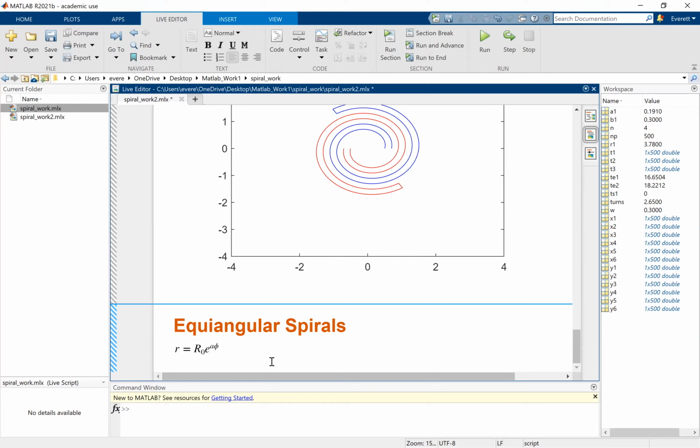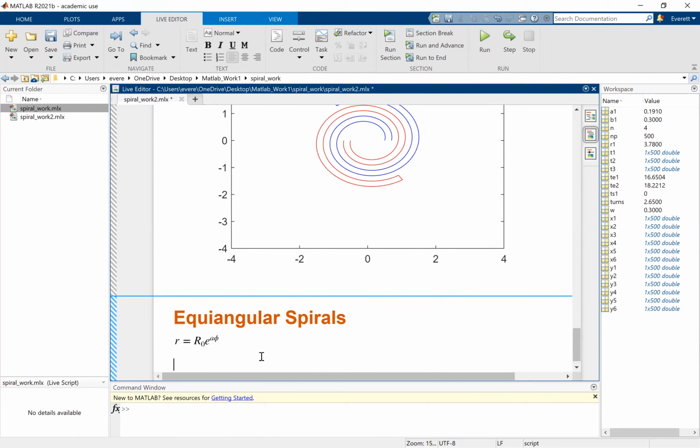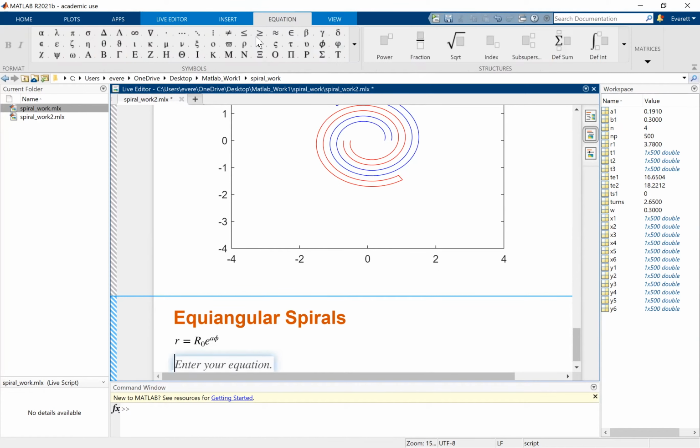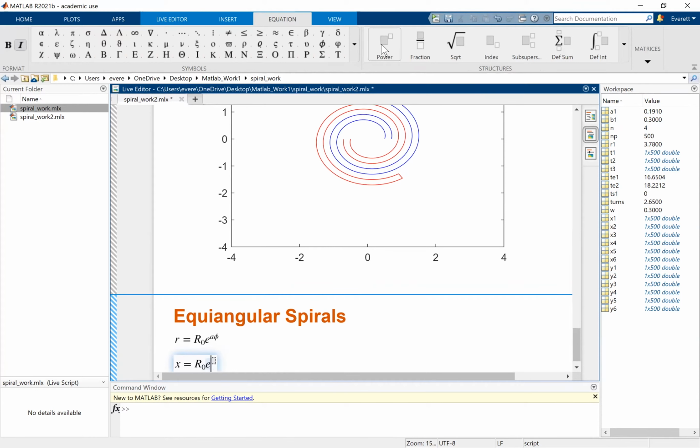Now that we have this, we can derive our parametric equations. In Cartesian form, x will equal r naught times e to the a phi, then times cosine of phi.